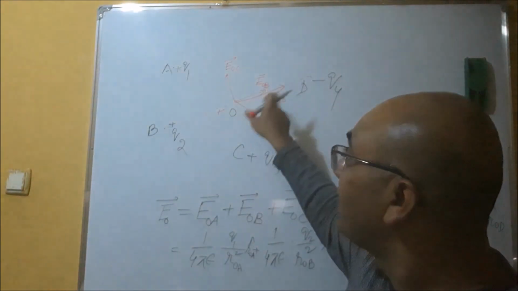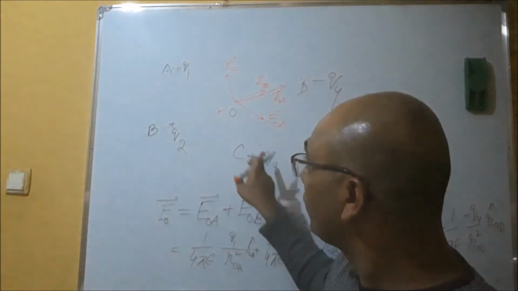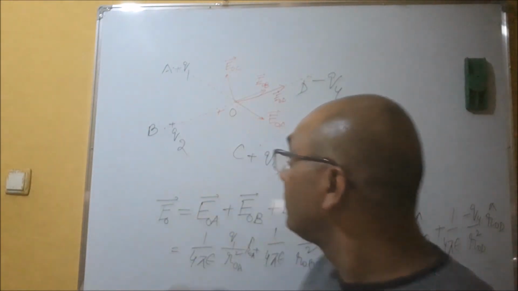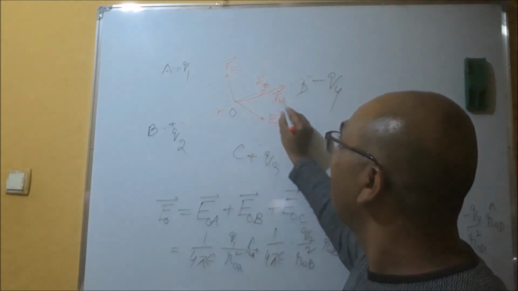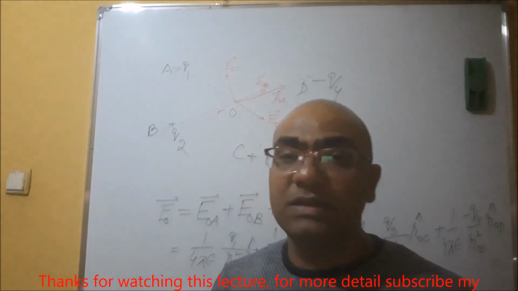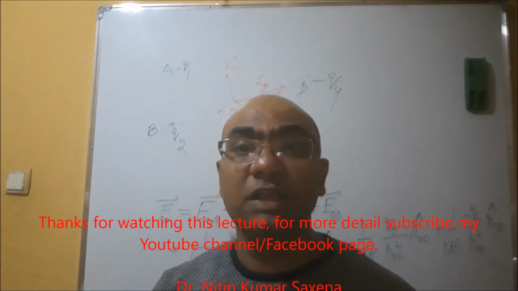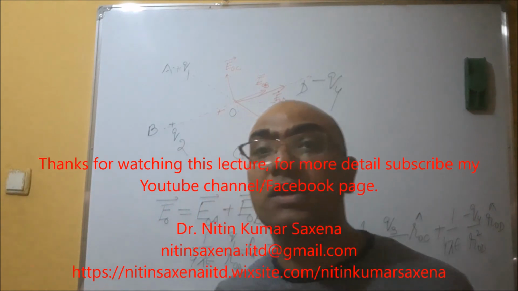So these will be the directions of all the electric fields, and if we know the exact location of this point, we can find the angles from a reference line. Once we get the angles, according to the method which we have already used for the force, we can find the value over here also.